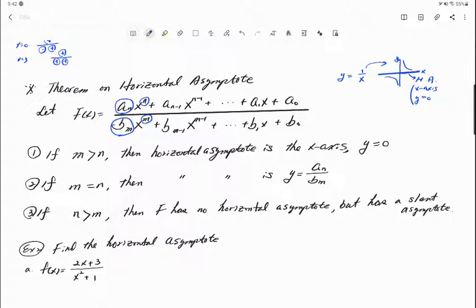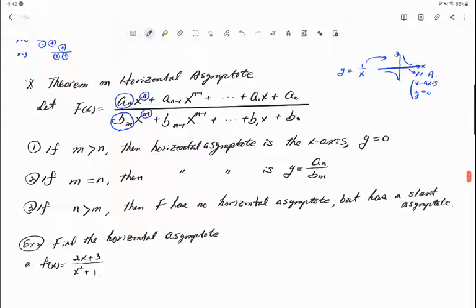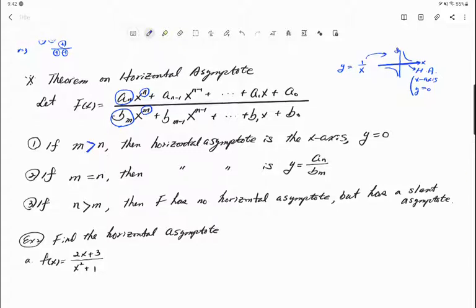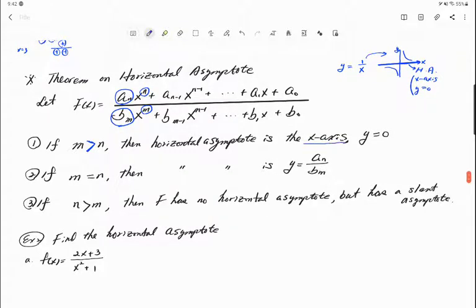All right? So as an example of this, if the degree of the denominator is greater, then the horizontal asymptote is always the x-axis. Always. So the equation of the horizontal asymptote is y equals 0, right? Don't forget this, it's really important.